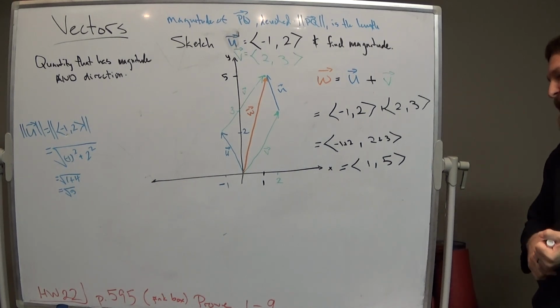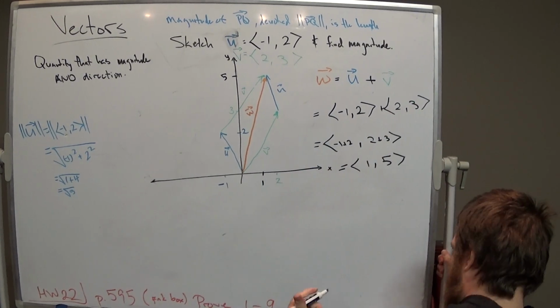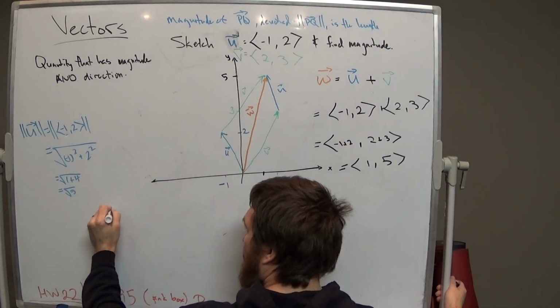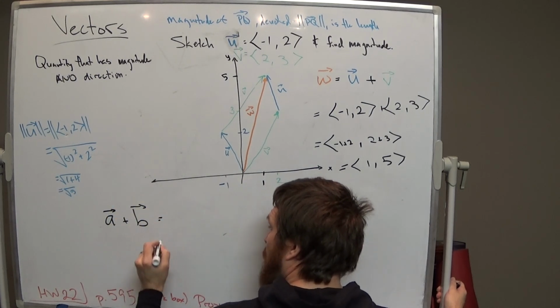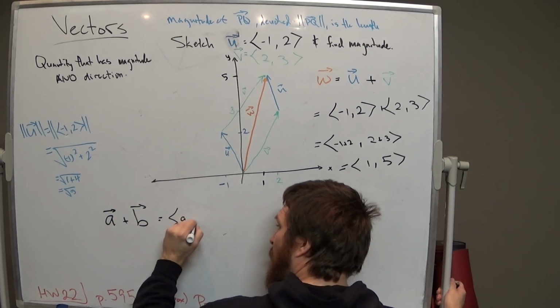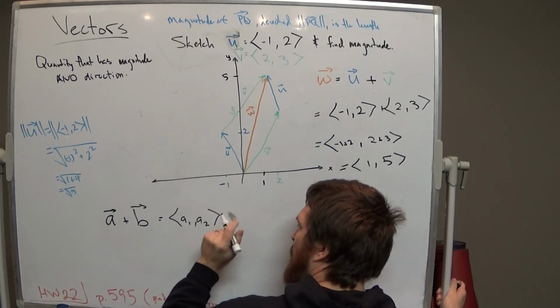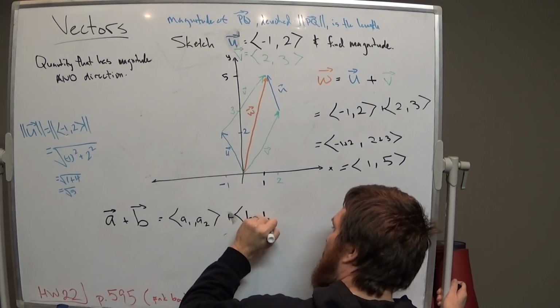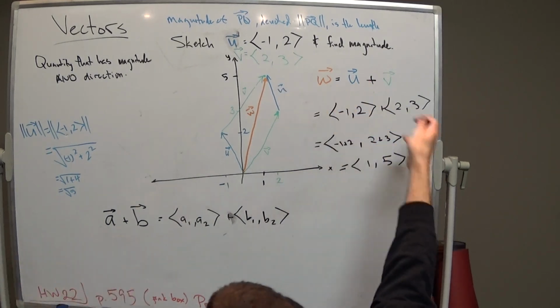So in general, and we're going to do this forever, and you're going to do this in your homework, if you have a vector A, you're going to rewrite it as A1, comma A2. Okay, that's what that means. If you have a vector B, you're going to call it B1, comma B2. Because we know that we're talking about vectors in the plane.